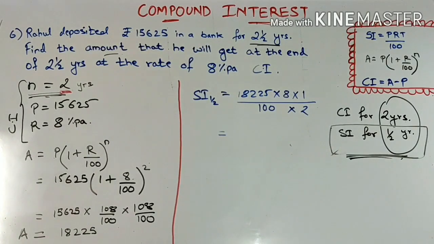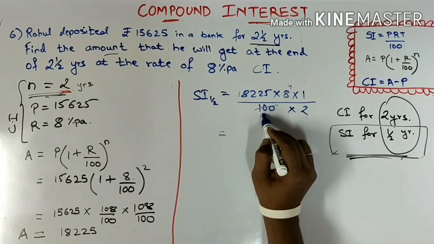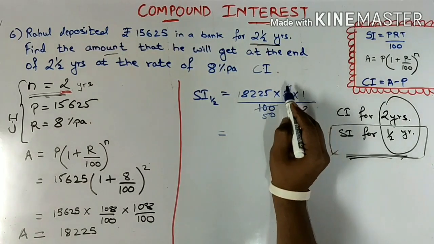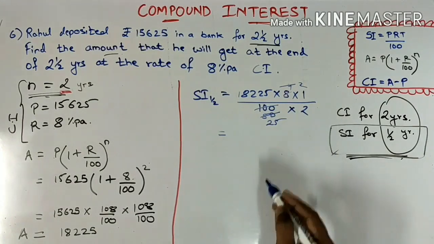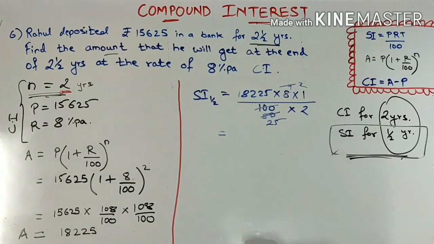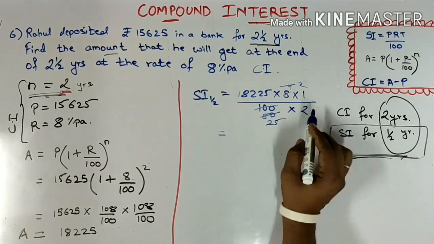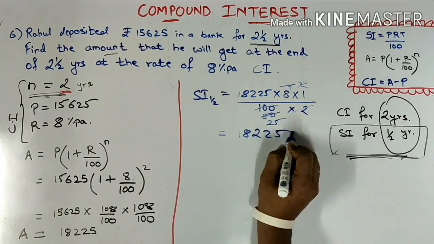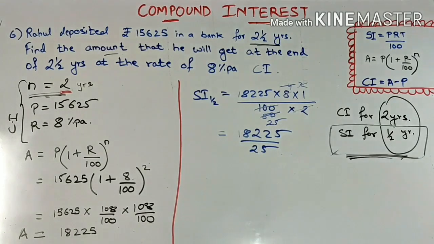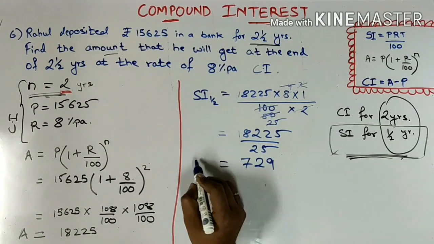Simplifying it, we get the answer: 2 4s are 8, 2 50s are 100, 2 2s are 4, 25s are 100, and we can check how this is divisible. 18,225 divided by 25 gives me the simple interest as 729.